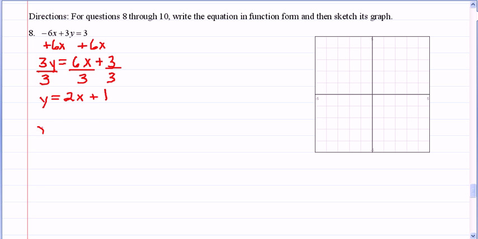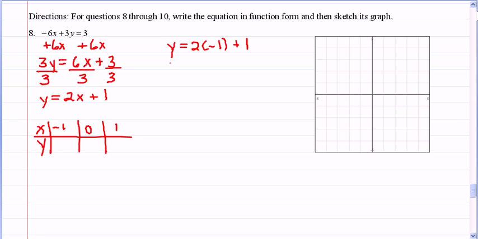So I make a t-chart with x and y, and I pick 3 values for x, and I substitute -1 in for x using function form. You can use the original form if you'd like, but function form is easier once you have it in that form. And you just evaluate y, and we get y is equal to -1. And then we substitute in 0.